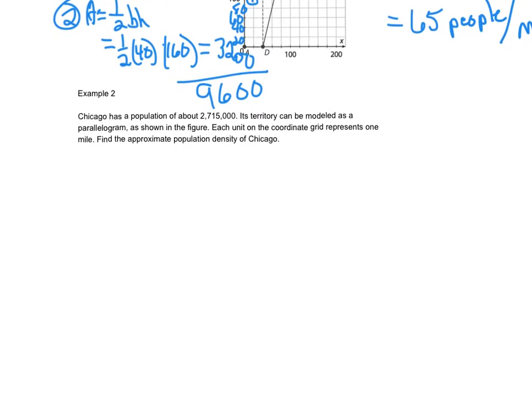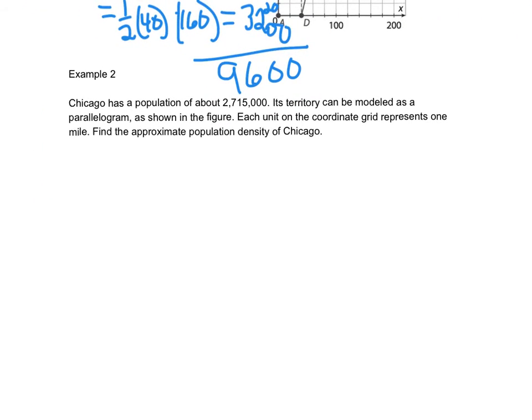So let's look at example number 2. Why don't you pause here and see if you can do this by yourself. Wait, did I forget to put the figure in here?